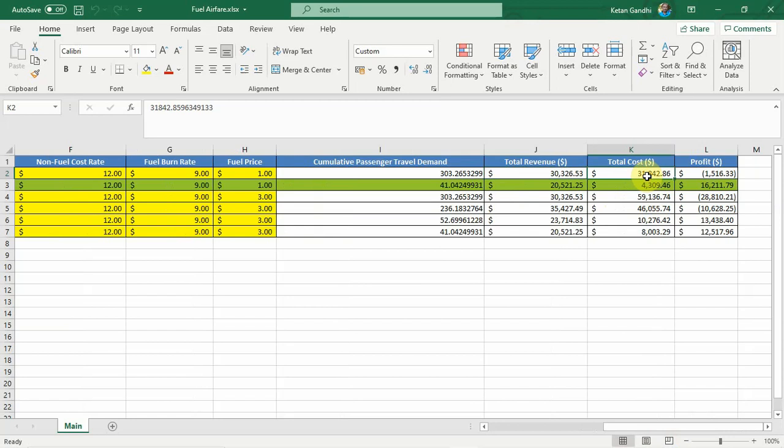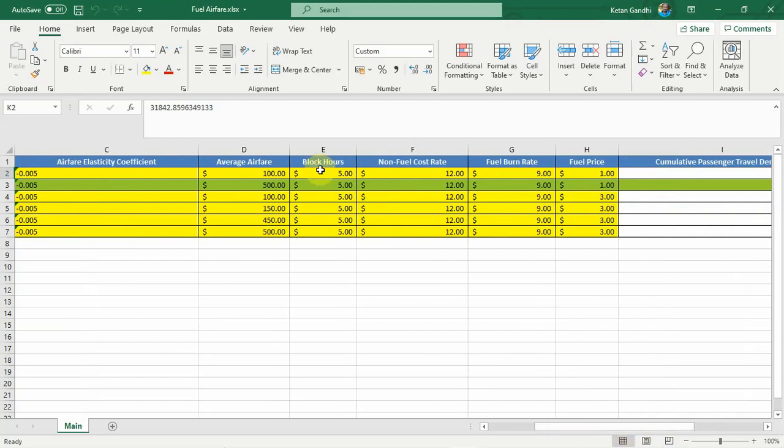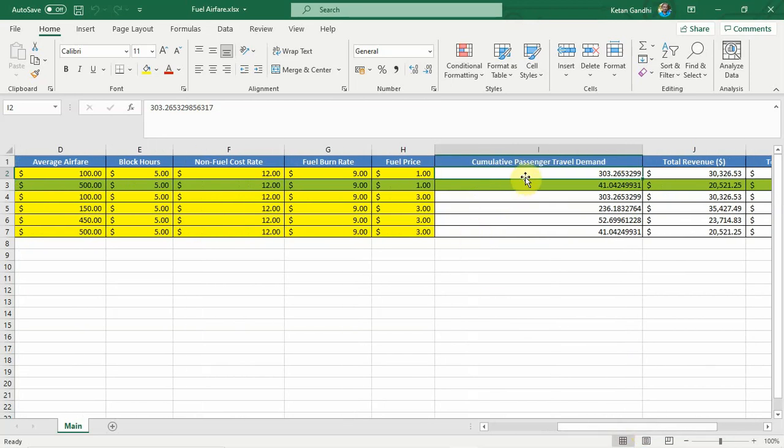The cost is calculated via a formula using the number of block hours, which we saw, and the number of seats. The seats is the cumulative demand, which we just saw, 303. For this example, it was 303, and then we've got the non-fuel cost rate, which is $12 per hour per seat.